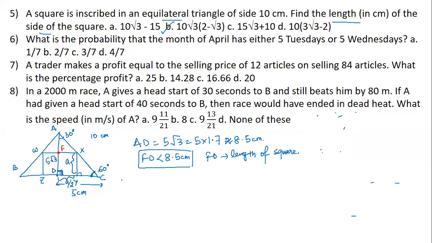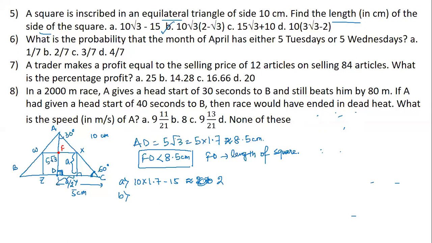Now let us go with option number A. Option A is 10 root 3 minus 15. 10 root 3 means 10 into 1.7 minus 15, which is 17 minus 15, around 2. Now 2 is definitely less than 8.5, that's quite understood.